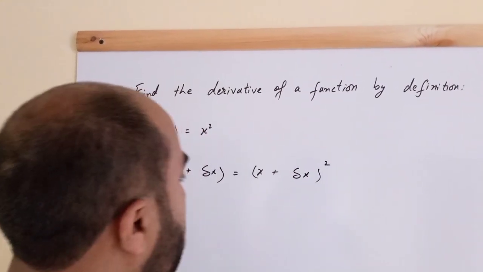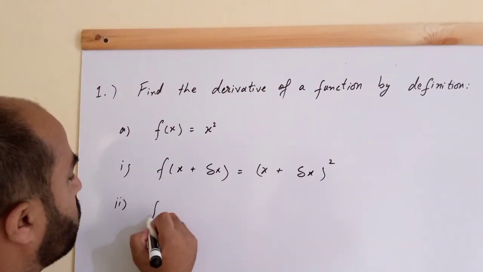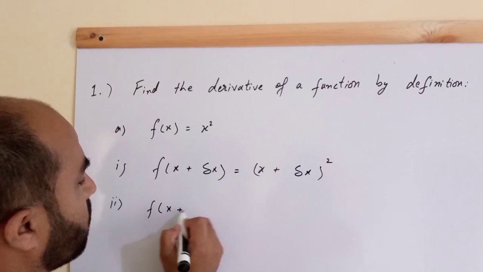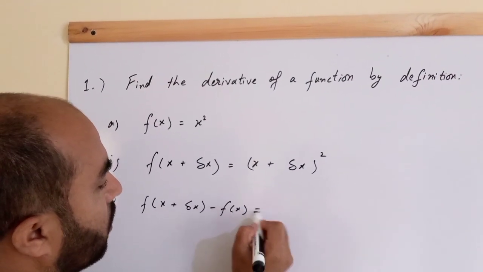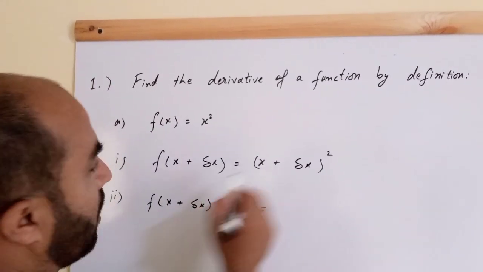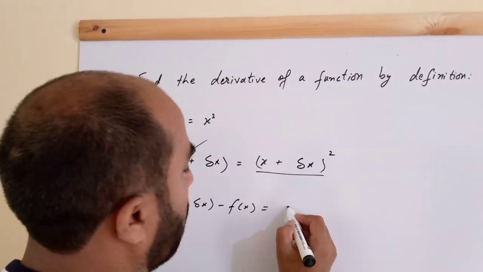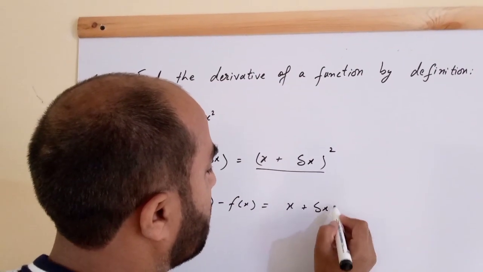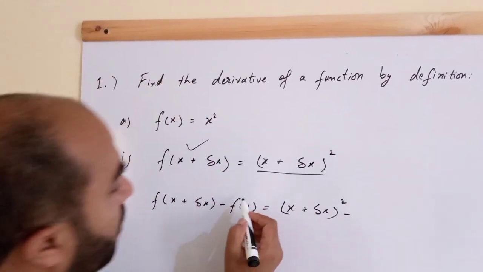This is our first step. In the next step we have to compute f of x plus delta x minus f of x. So this is the value of f of x plus delta x: x plus delta x whole squared minus f of x.